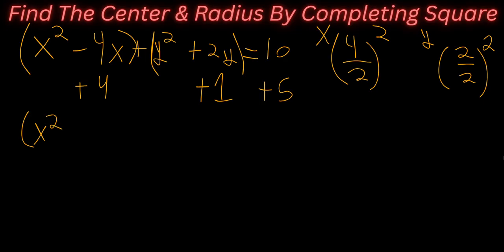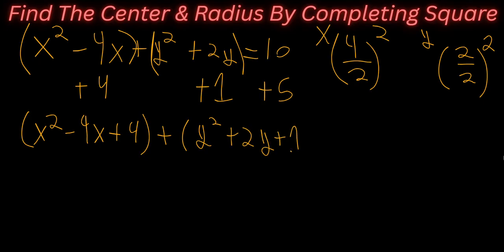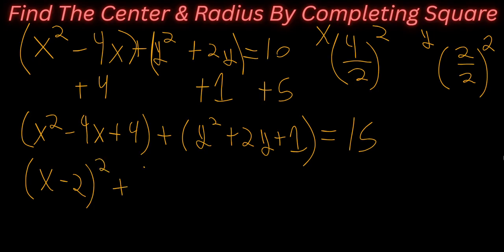All right, we now have a perfect square trinomial. X squared minus 4x plus 4 plus y squared plus 2y plus 1 equals 15. What we do from here is factor to get x minus 2 squared plus y plus 1 squared equals 15.